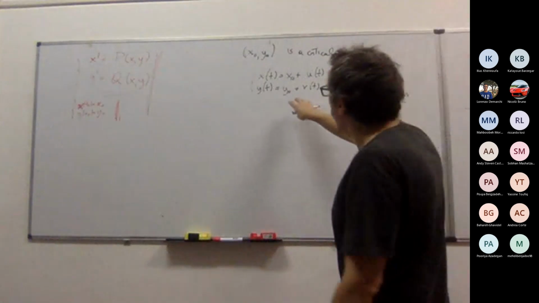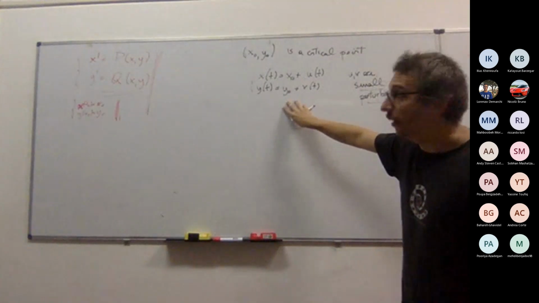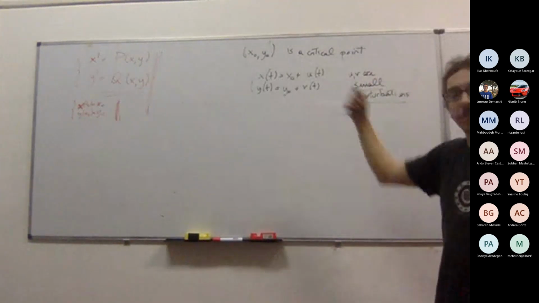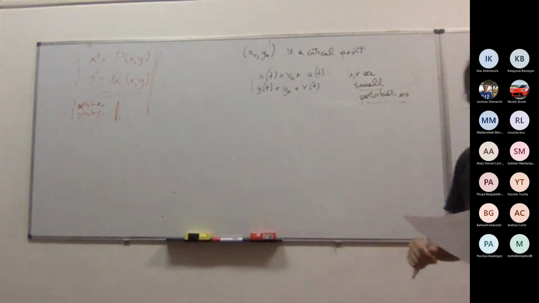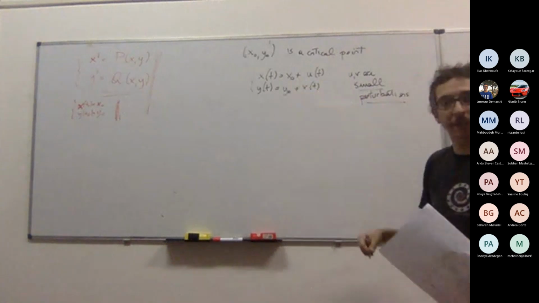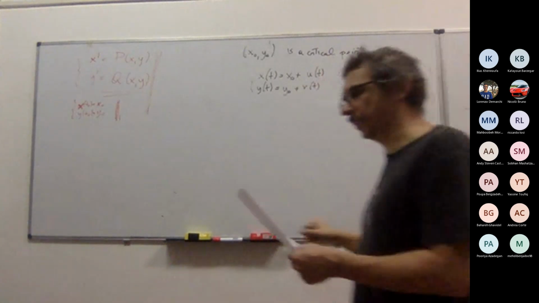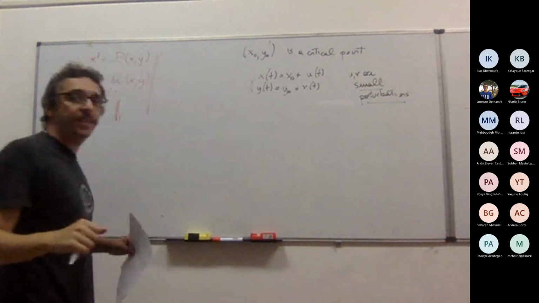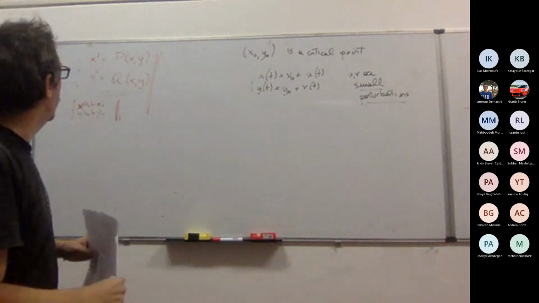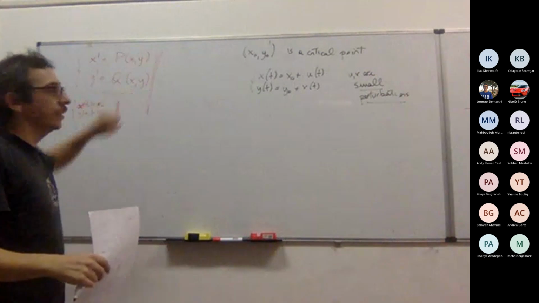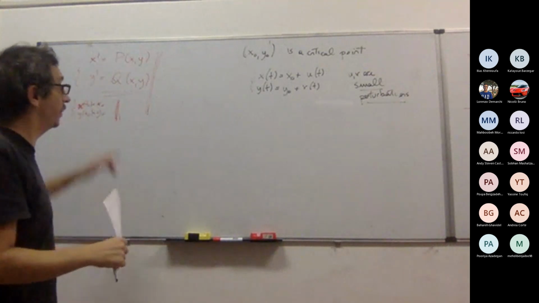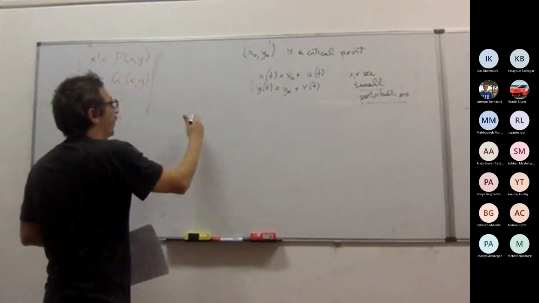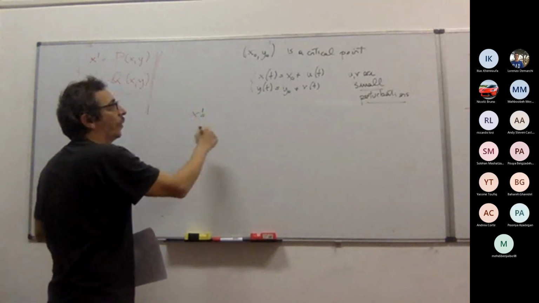In any case, what we want to do now is to linearize the nonlinear system around the critical point. We wrote x(t) and y(t) this way. Now I take this ansatz and plug it inside the nonlinear system. Here I have x prime. What's x prime?